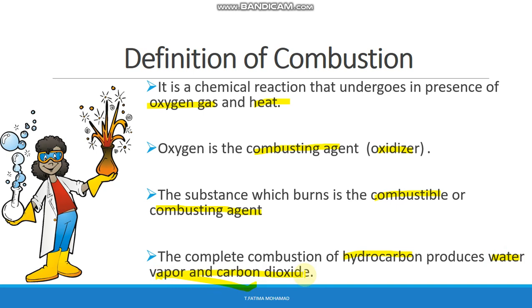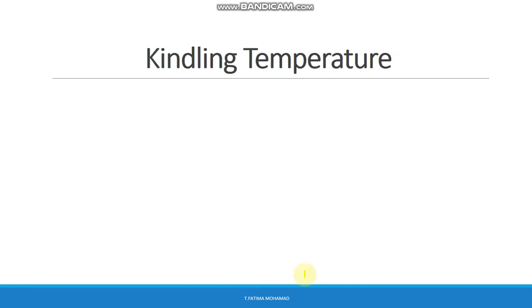Usually combustion reactions are accompanied by two effects. During combustion, what do you see? You see a flame, so it's a luminous effect, a light effect, and during burning it gives heat, so a heat effect. It's also an exothermic reaction.